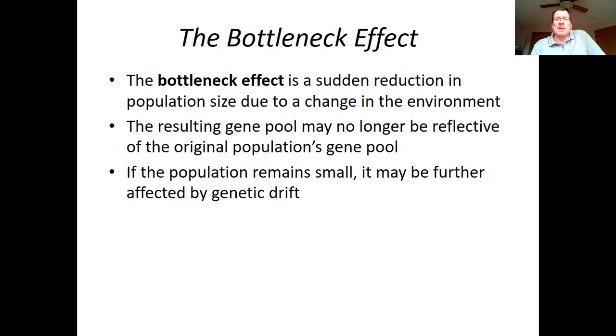The resulting gene pool of those who are left, okay, especially those really geared towards that environment, certainly has every possibility of not being reflective of the original population. Okay. And then add into that the normal genetic drift that will go in with that bottleneck effect.